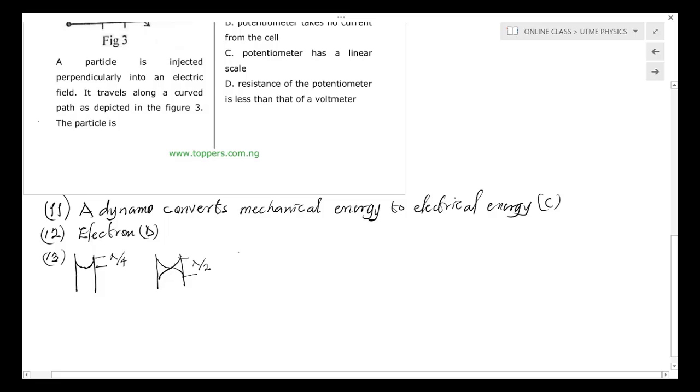This is lambda over 2. If you now go like this, so the 3 is now like 3 you are having. So from here to here we give you 3 lambda over 4.